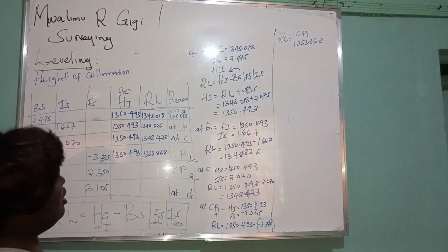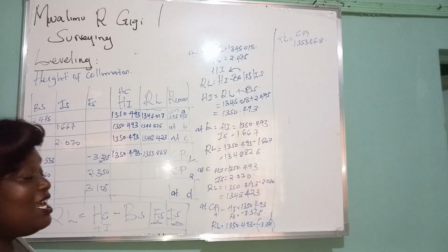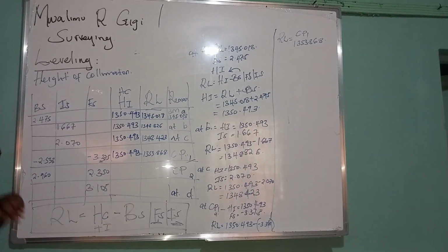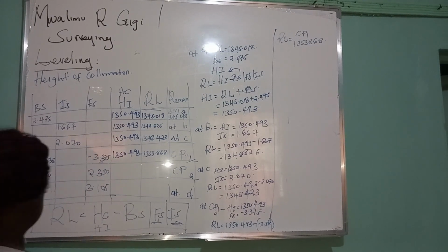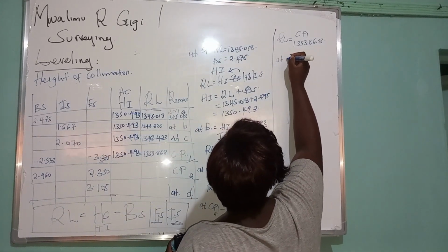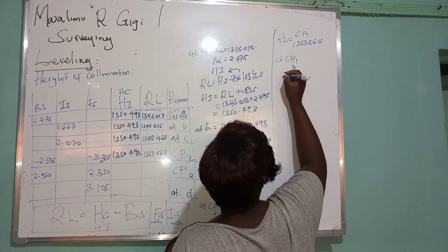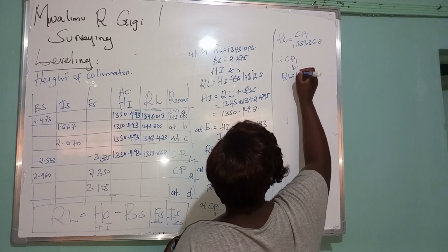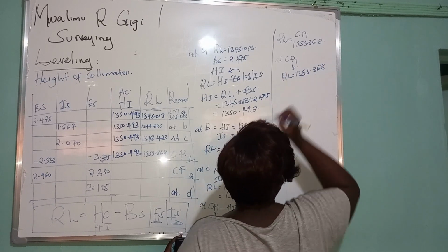So we want to get the height of instrument that was used to take the first reading, which is the backsight. At change point 1, B, we have the reduced level as 1353.868.